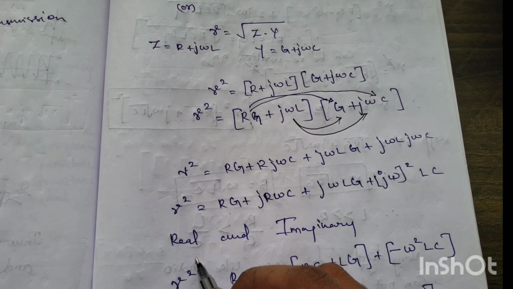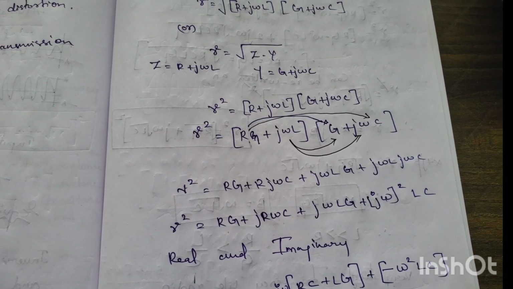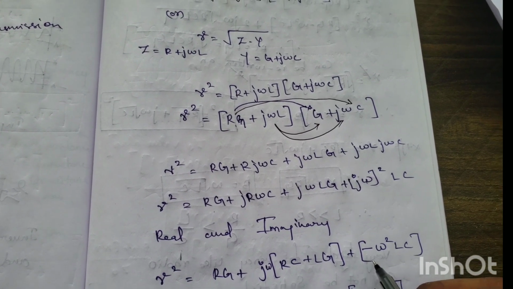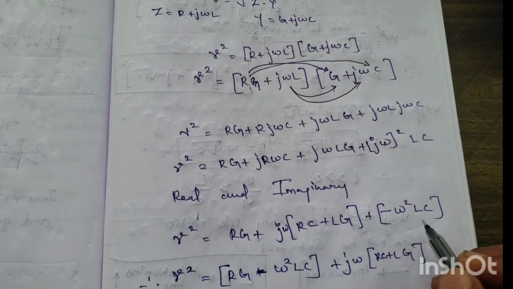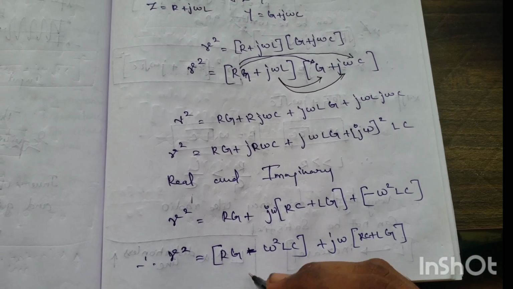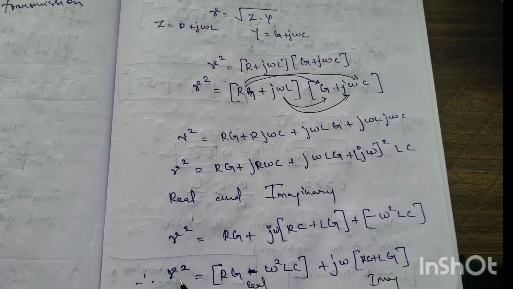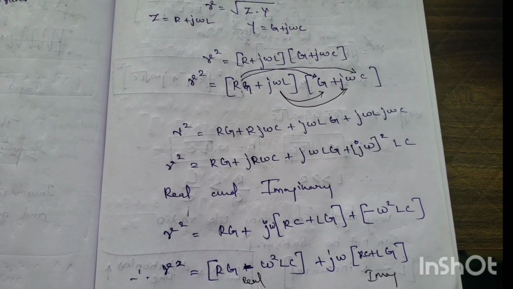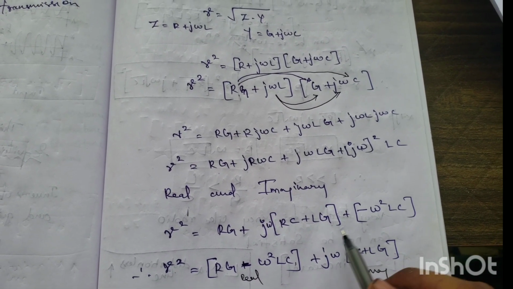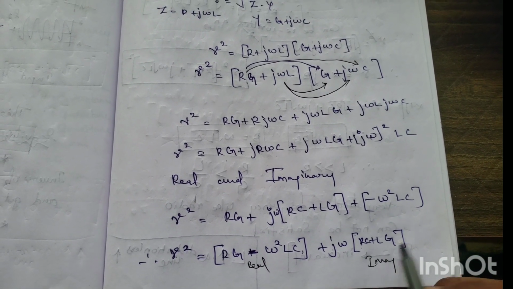We will separate real and imaginary parts: gamma square equals rg minus omega square lc, which is the real part, and the imaginary part is j omega times (rc plus lg).